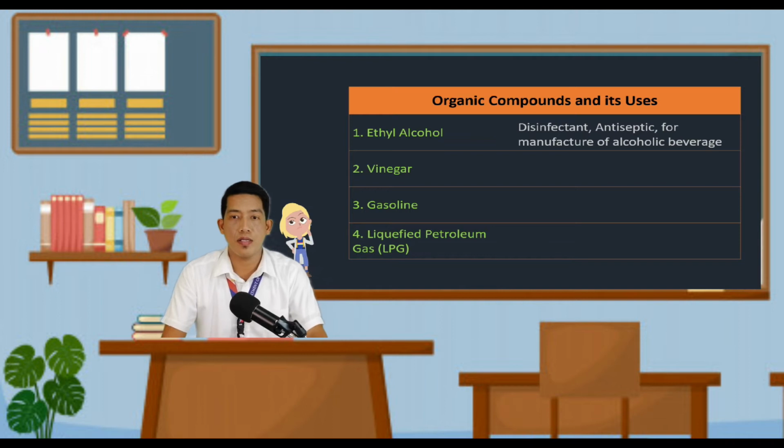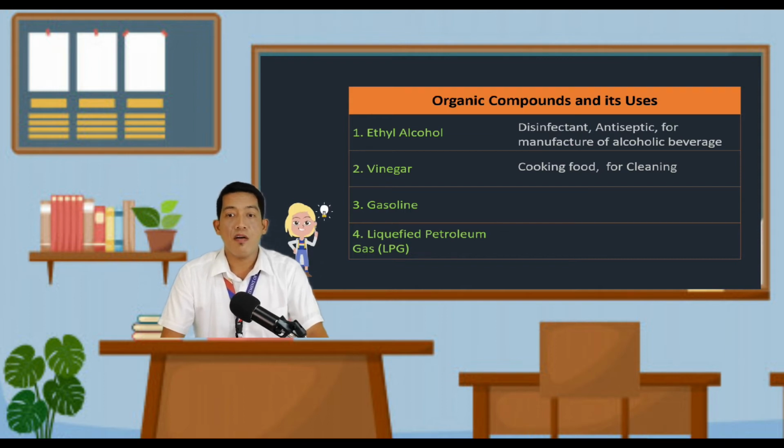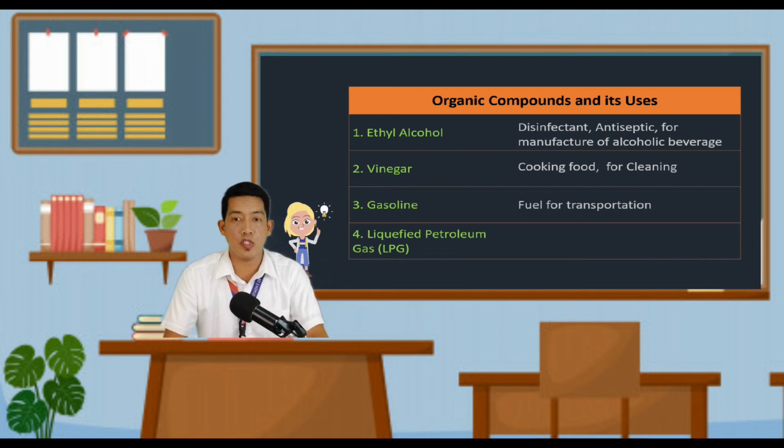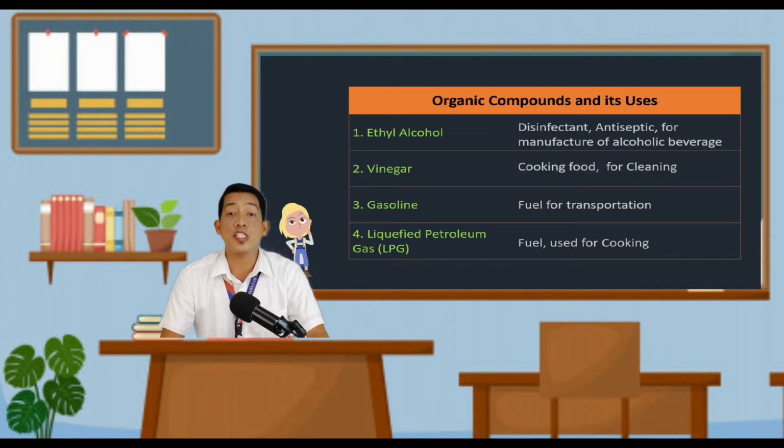Second, vinegar, is used for cooking food and for cleaning. Third one, the gasoline, fuel for transportation. And lastly, the LPG, fuel used for cooking. Very good. You are really familiar with this compound. Now, let's continue our lesson.